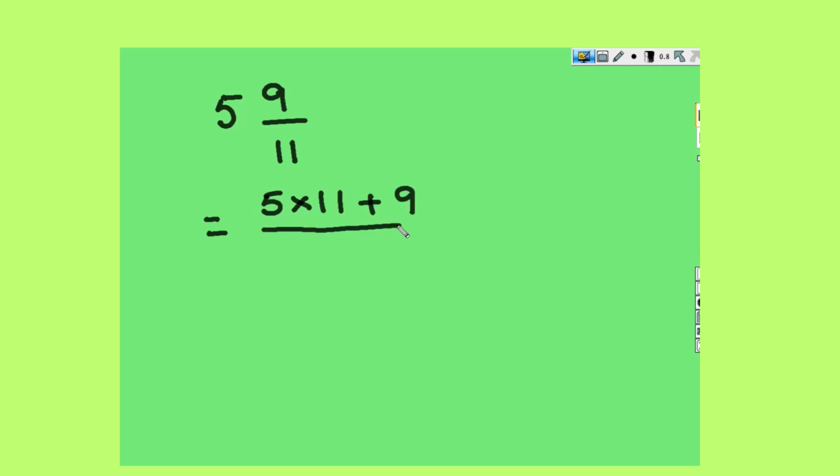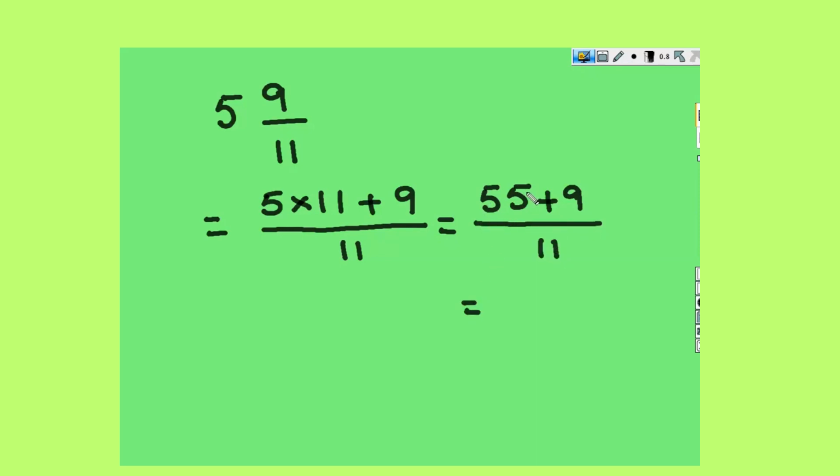One more example. Suppose I write down 5 9 upon 11. I give an equal to sign, whole number multiplied by the denominator plus numerator divided by the denominator. 11 fives are 55 plus 9 by 11.